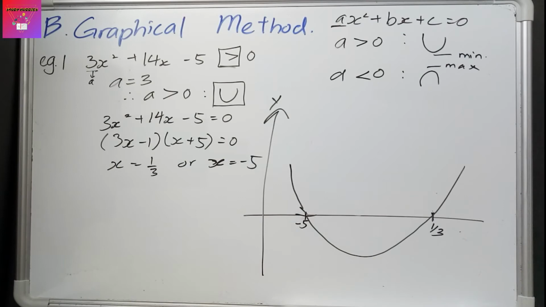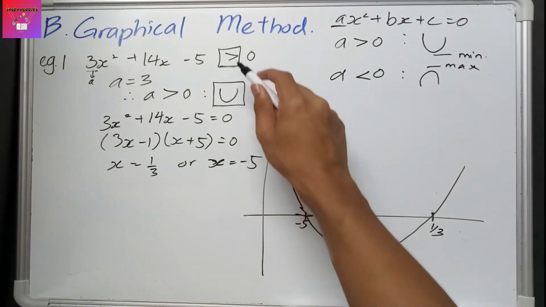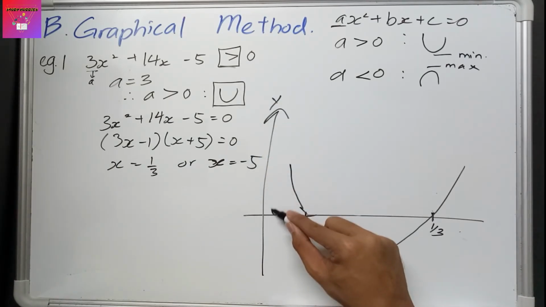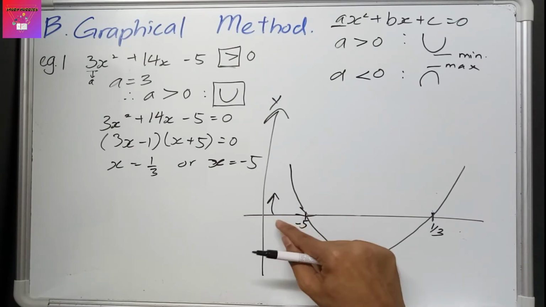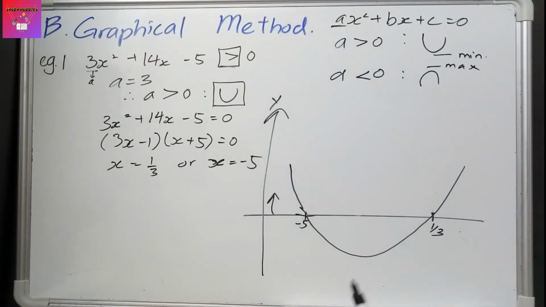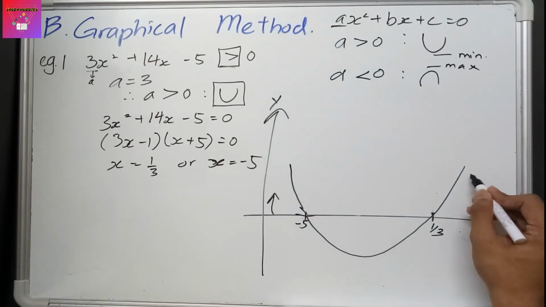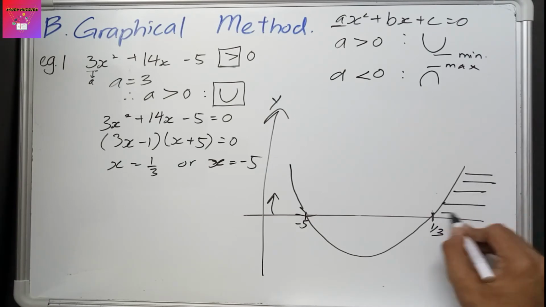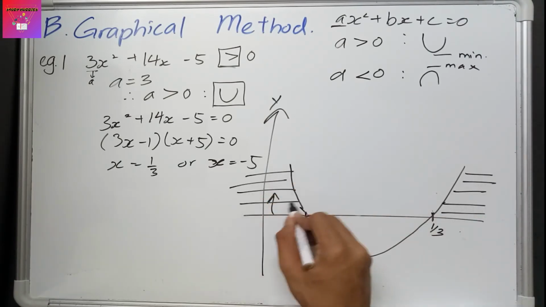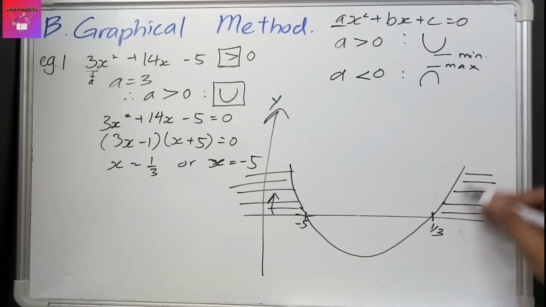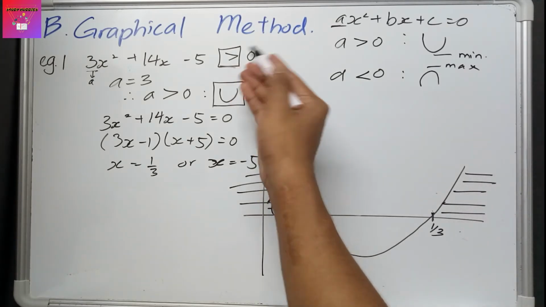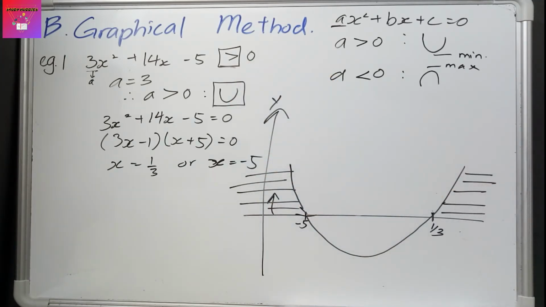Never mind, you're not going to focus on that part now. But since you see it's greater than 0, you're going to choose the upper part, which is the positive part of y. So therefore, you're going to shade the parts outside this graph which we have drawn. So why? Because it's the positive part. That's all. Because it's greater than 0, we are going to shade the positive parts.